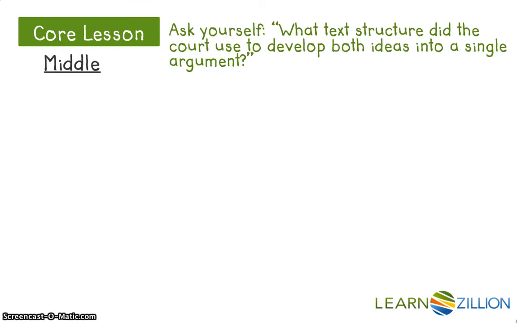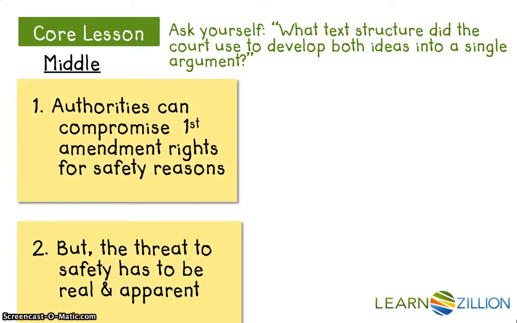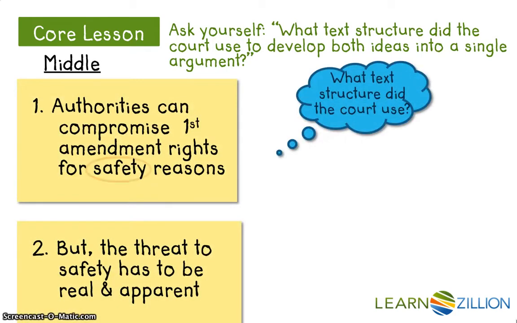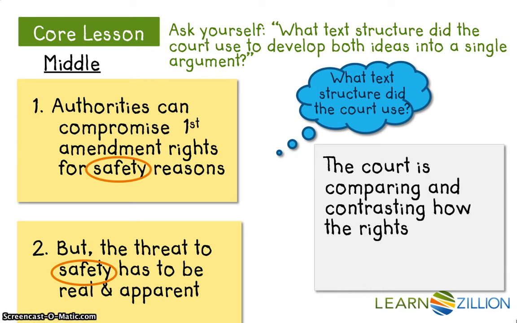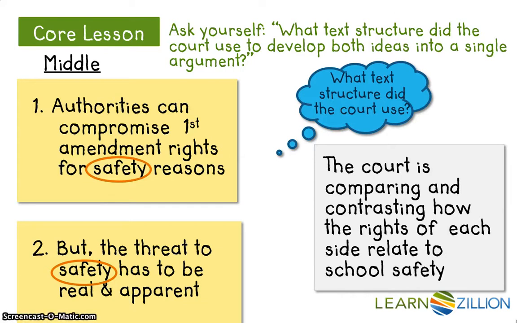In the middle of the text, the author then talks about safety. Safety of authorities and how that applies to students. Here, the court is again comparing and contrasting how the rights of each side relate to school safety.